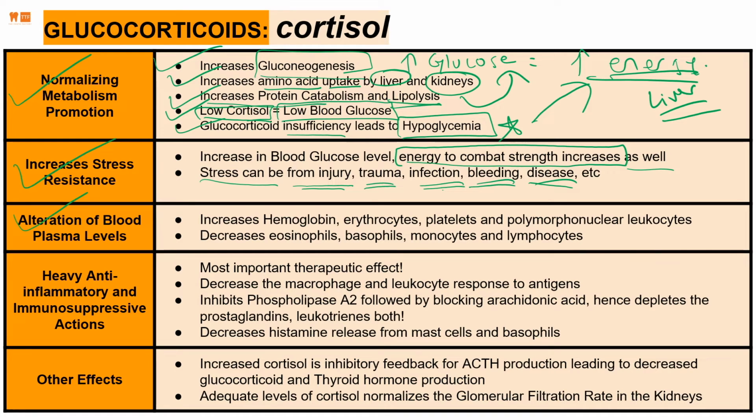Alteration of blood plasma volumes, naturally speaking, it increases hemoglobin, erythrocytes, platelets, polymorphonuclear leukocytes. This is known as PMN cells. However, little discrepancy. It decreases eosinophils, basophils, monocytes, lymphocytes. Okay, so what's the catch here?